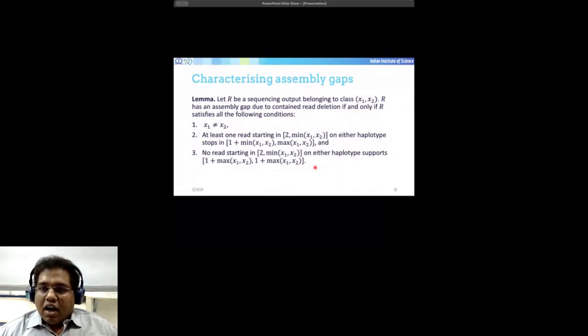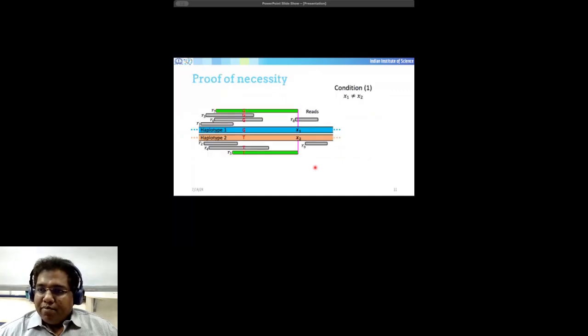But we still need a proof of necessity, and I will just sketch a brief proof. To argue necessity, we'll just violate each of the conditions and argue that an assembly gap is not possible. If x1 is equal to x2, then either x1, x1 plus 1 is supported before contained read deletion and after, or it wasn't supported before contained read deletion and it remains unsupported after.